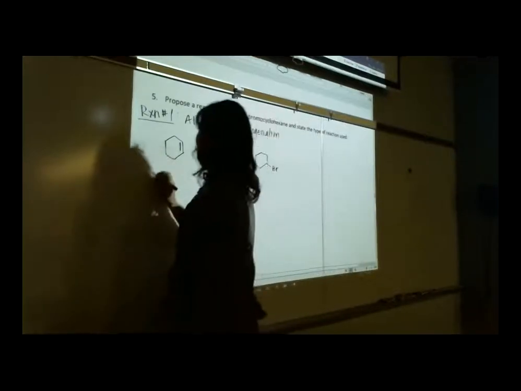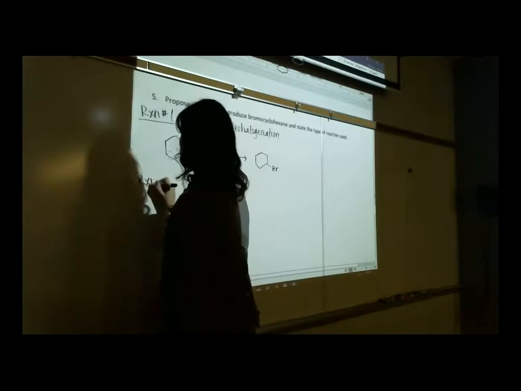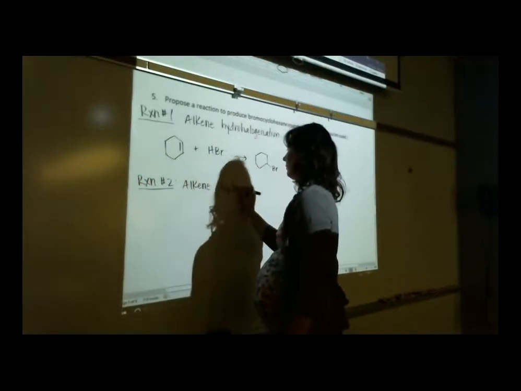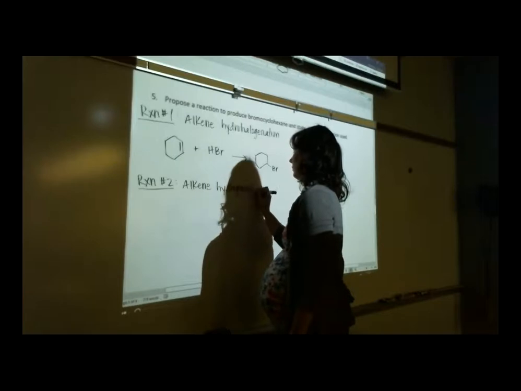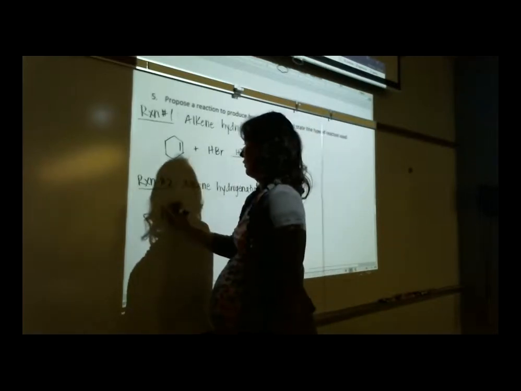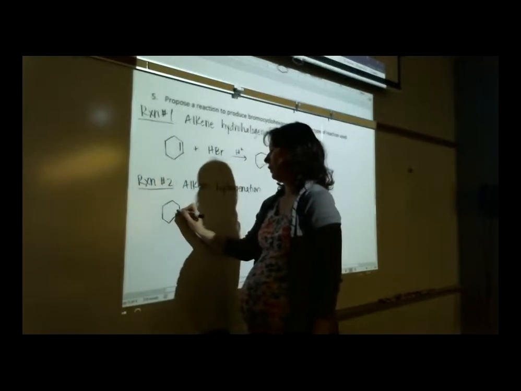What if you take a bromo alkene, just a regular old alkene hydrogenation. Put H plus as our catalyst there. So for instance, what if you had this? Try not to stand in front of them.